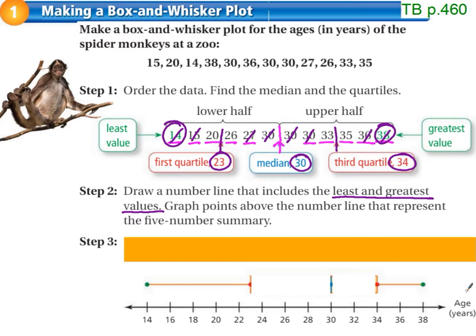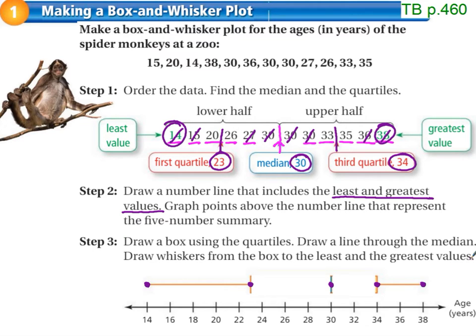Okay, and notice, I'm sorry, I forgot to cover up the whiskers that are already drawn on the board. But notice, here are my dots. Least, greatest, the median, first quartile, and third quartile. Okay, now we've got our 5 dots on.